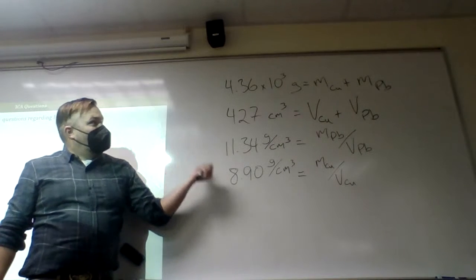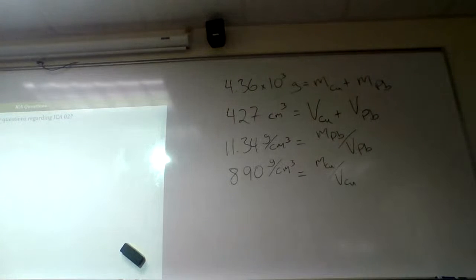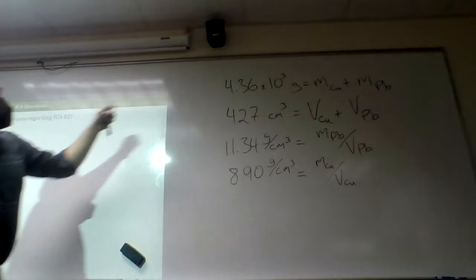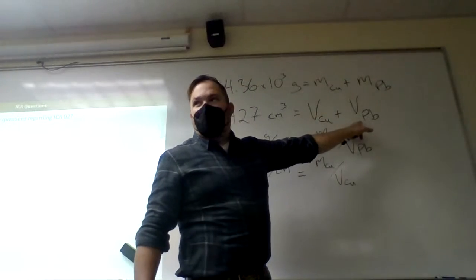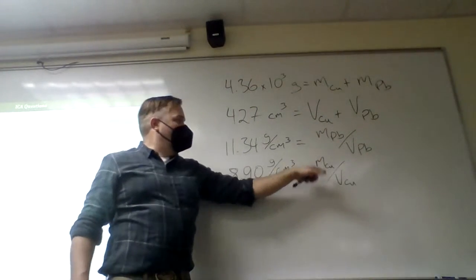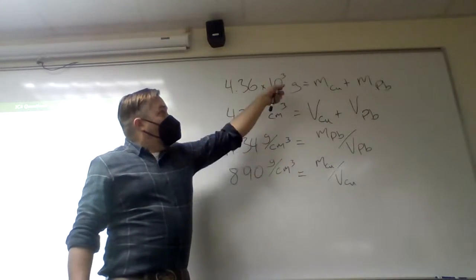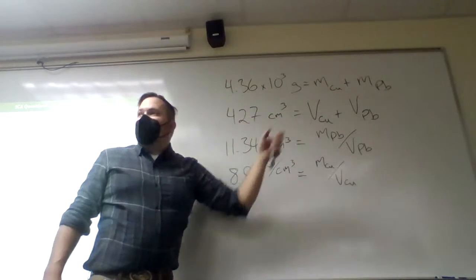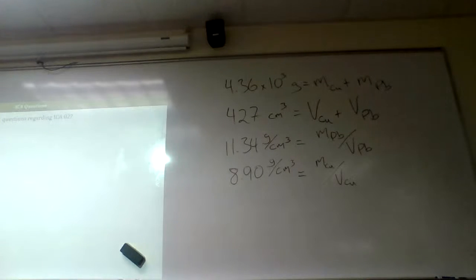Anytime you have a system of equations, however many variables you have, that's how many equations you're going to need to get an answer. So if we have 4 different variables, mass of copper, mass of lead, volume of copper, volume of lead, and then our 2 down here reuse those same 4 variables, we have 4 equations and 4 unknowns, we can solve that and get a number answer for all of those.